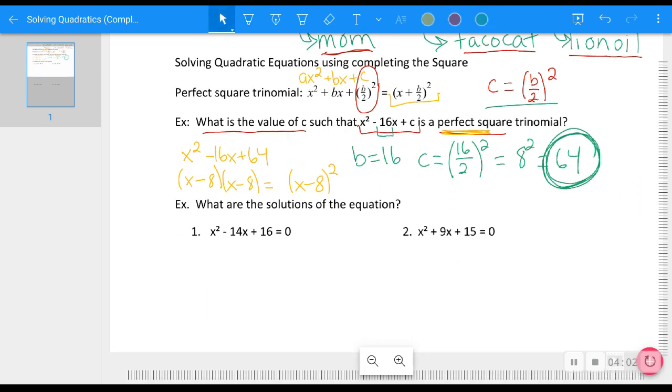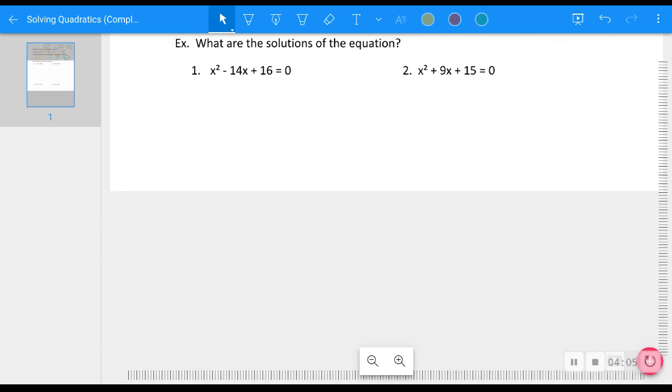So now on these problems on the bottom, we're going to go one step further and actually find the solutions to the equations. So that's where we find where x makes the equation equal to 0. So first, just starting off looking at this, there's no way to find a number, we already talked about, that multiplies to 16 and adds to negative 14. We can't do that. So we're going to have to complete the square. So our first step is we're going to find b.